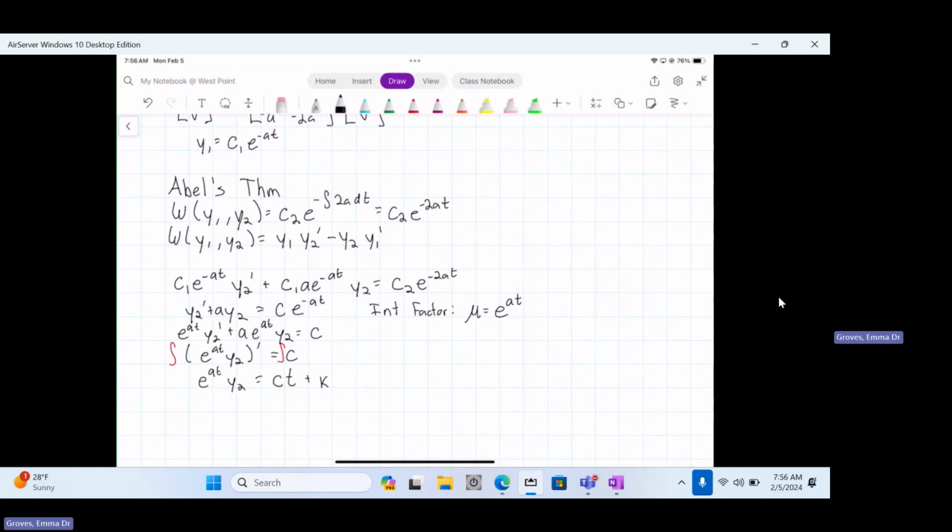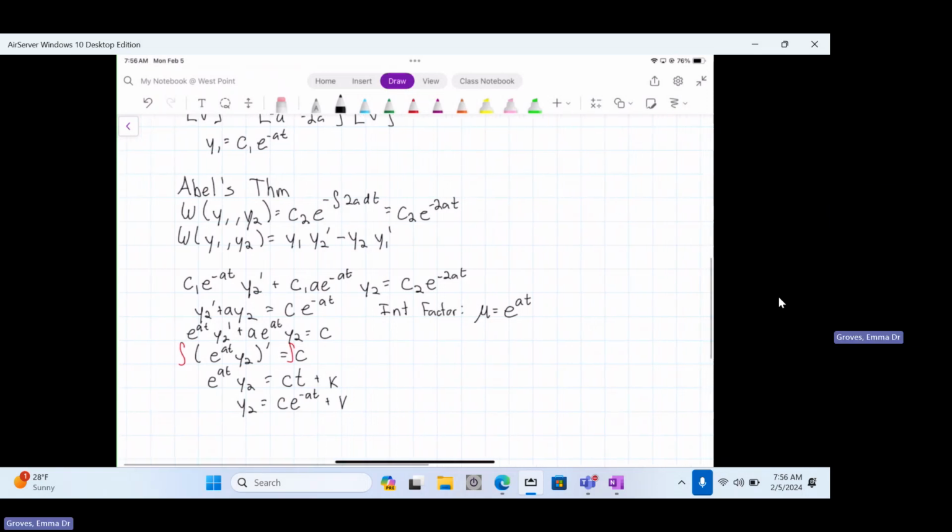And then if we divide everything by e to the at, we get y2 equals c e to the negative at plus, dropped a t, I'm doing it again. Is anybody else having a hard time keeping track of stuff when you're doing these problems? Yeah. So c t e to the negative at plus k e to the negative at.